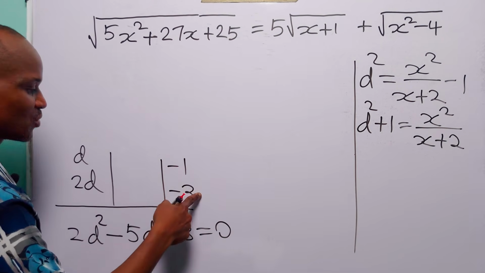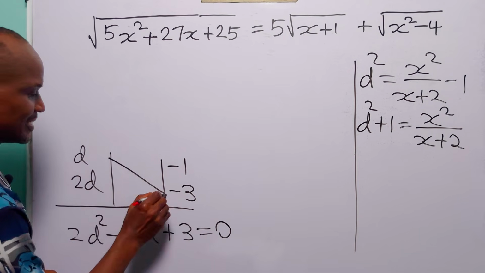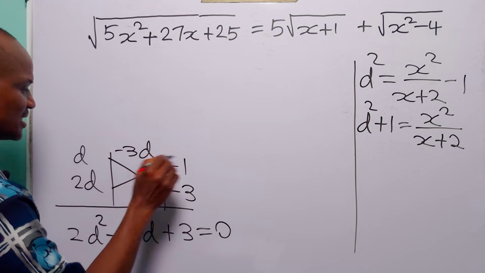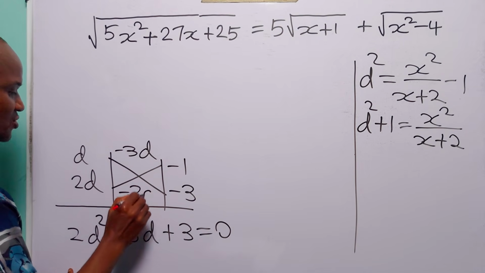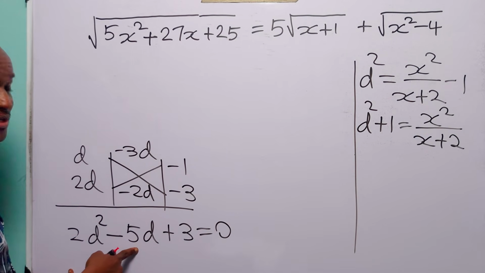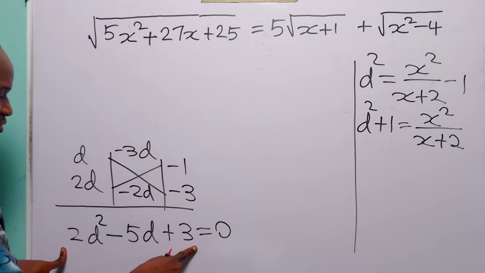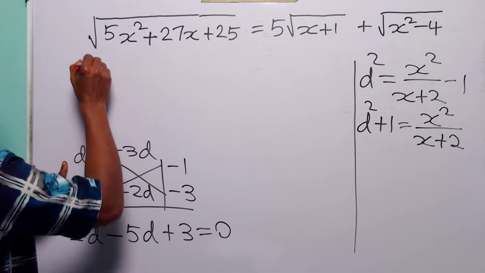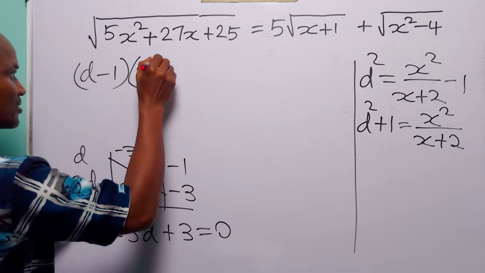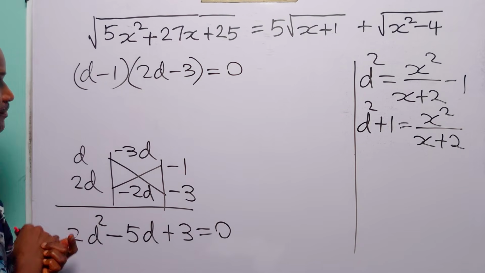Of course, you know that minus 1 times minus 3 is still going to give us plus 3. Now, d times minus 3 is minus 3d. 2d times minus 1 is minus 2d. And of course, minus 3d minus 2d is going to give us minus 5d. So when we factorize the left-hand side of this quadratic equation, we have (d minus 1)(2d minus 3) is equal to 0.